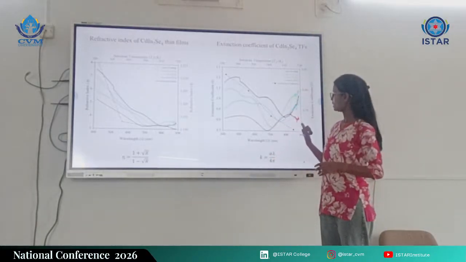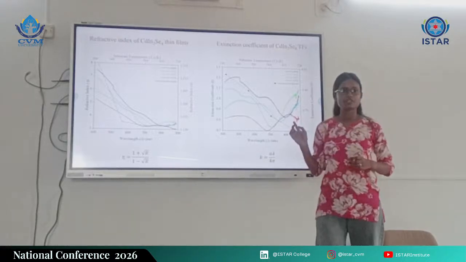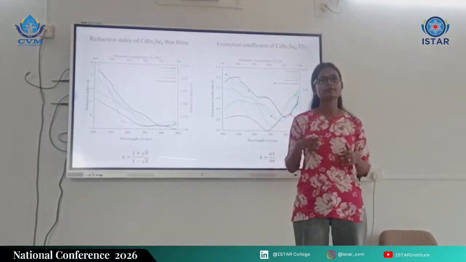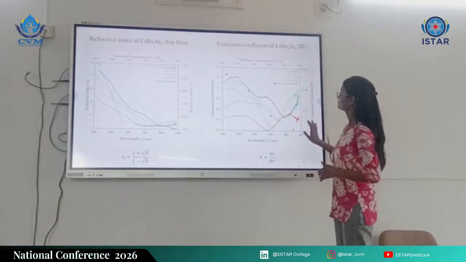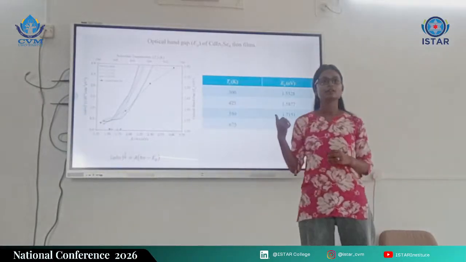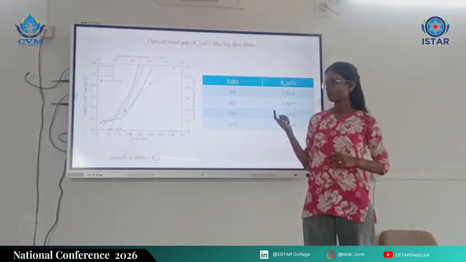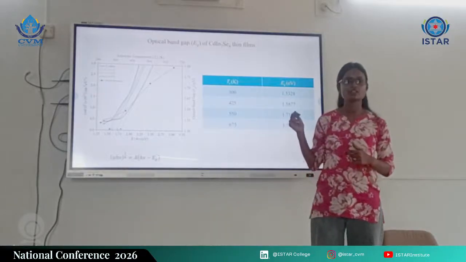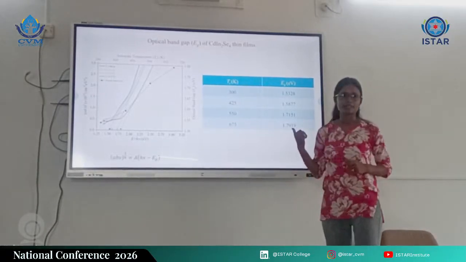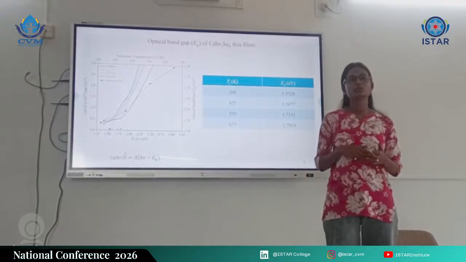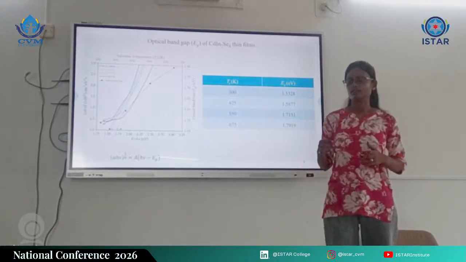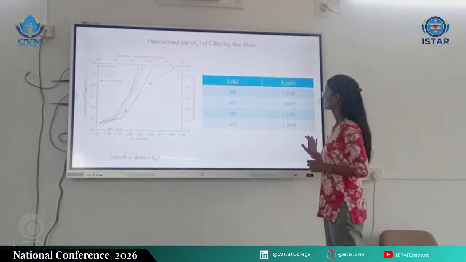Extinction coefficient shows strong light-matter interaction. Optical band gap: the optical band gap shows variation with the substrate temperature, and this variation is due to change in the crystallite size.